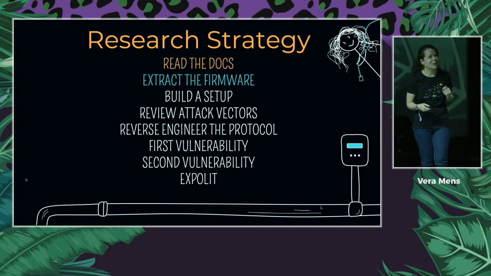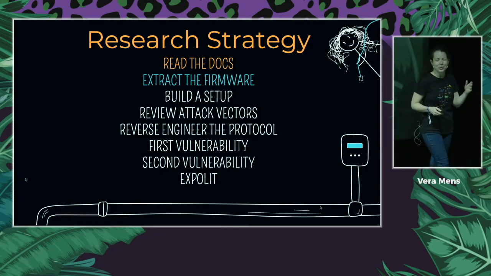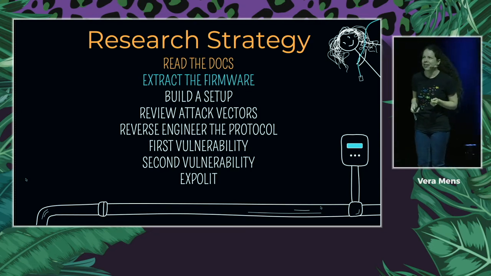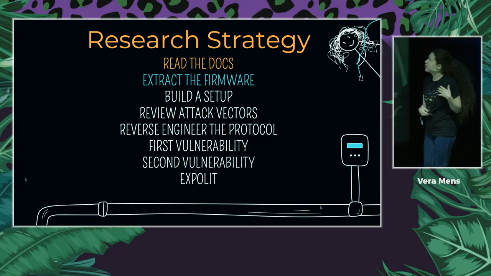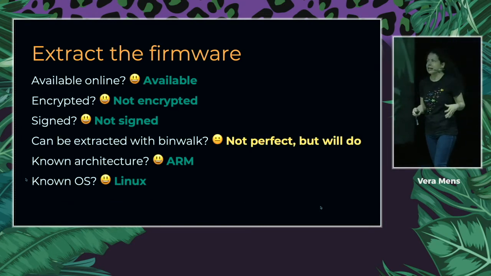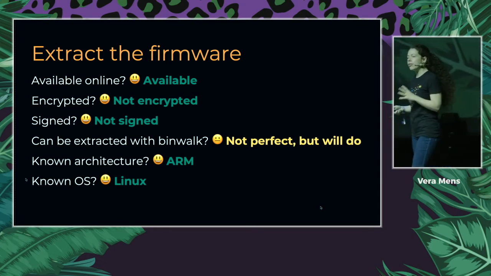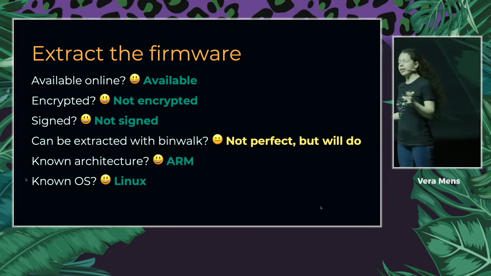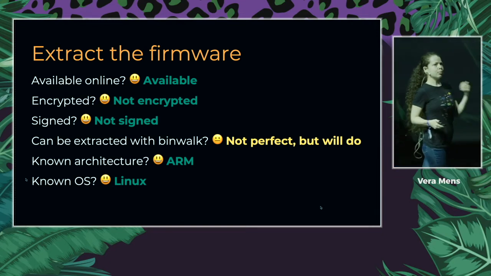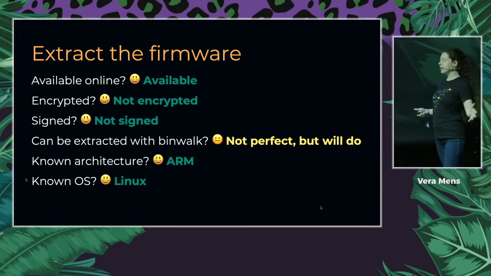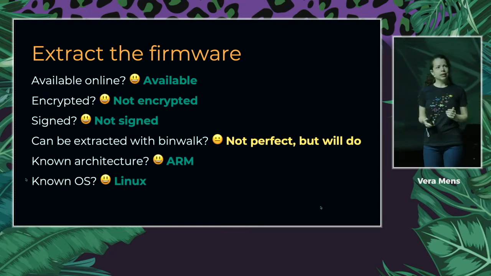Before we go to building a setup and hack it, we need to get the firmware. So what is the firmware? Firmware is a package, in our case, that has everything needed for the device to run, for the main application to run. It means it has a bootloader, the kernel, the file system, and any other files needed.